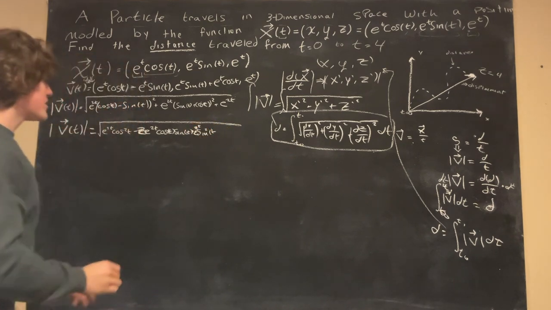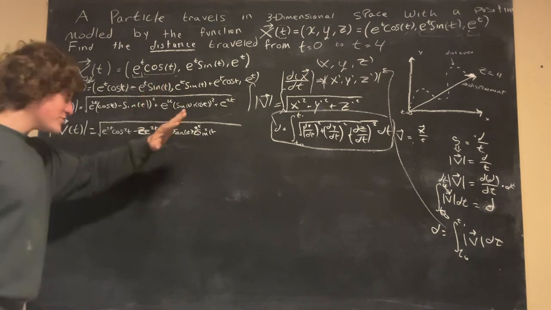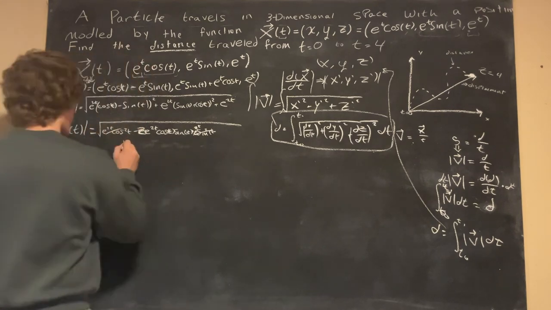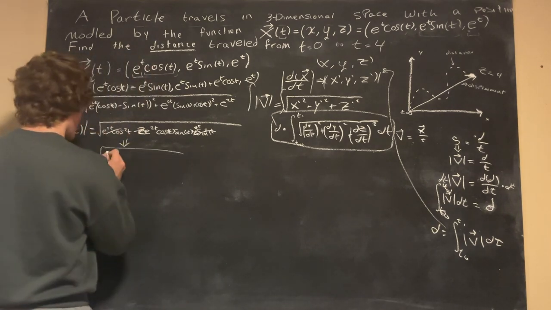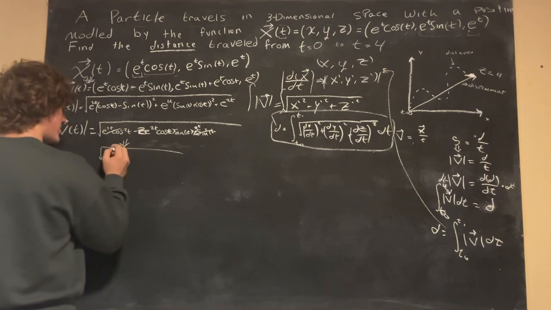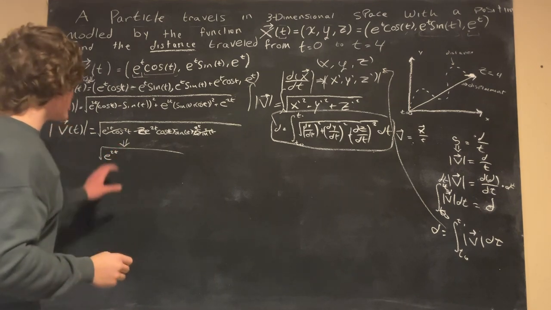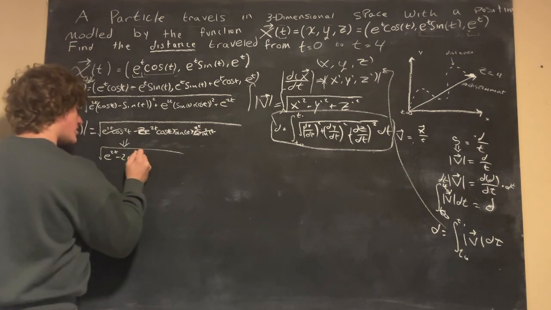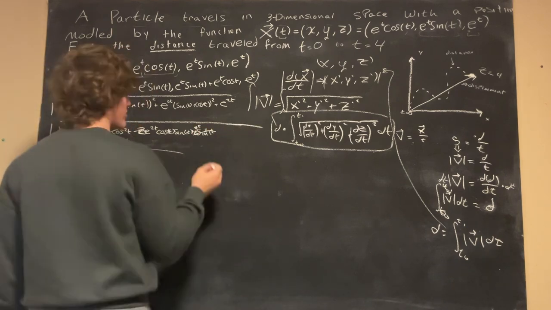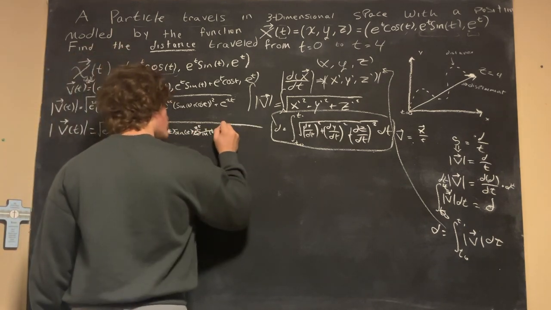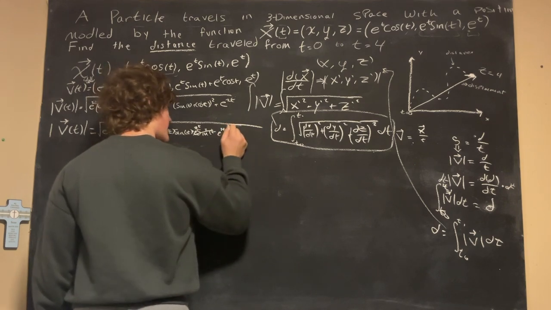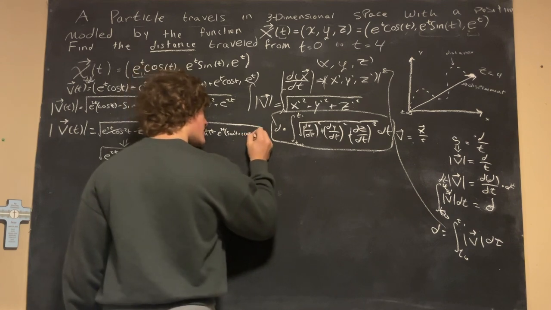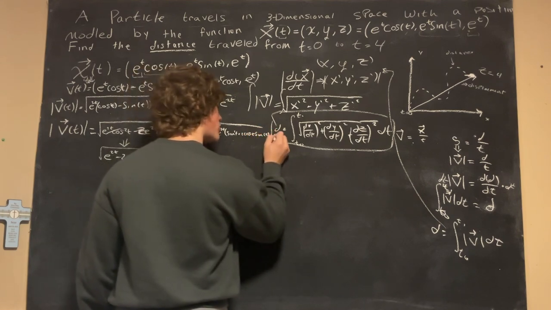These two are going to cancel, since sine squared plus cosine squared turn into 1, so this becomes the square root of e to the 2t minus 2e to the 2t cosine t sine t. Then for our second term, we have e to the 2t times sine squared t plus 2 cosine t sine t plus cosine squared t.